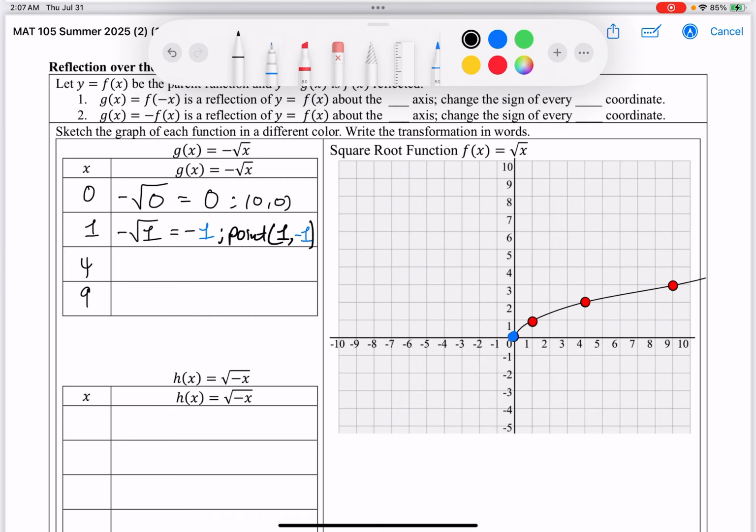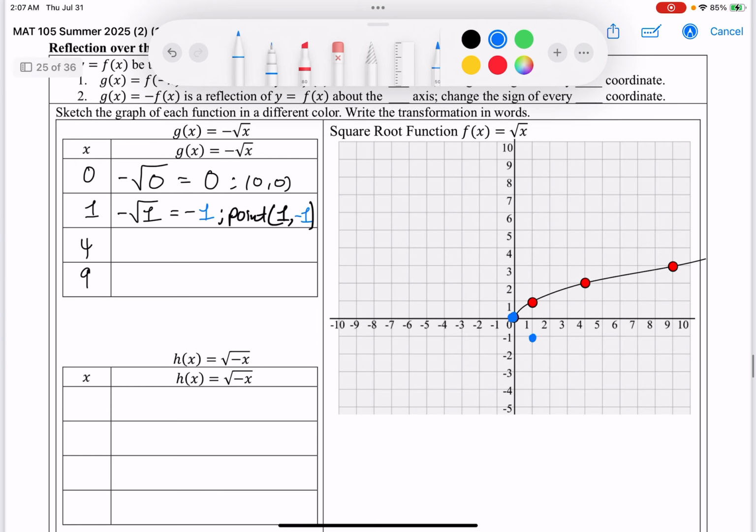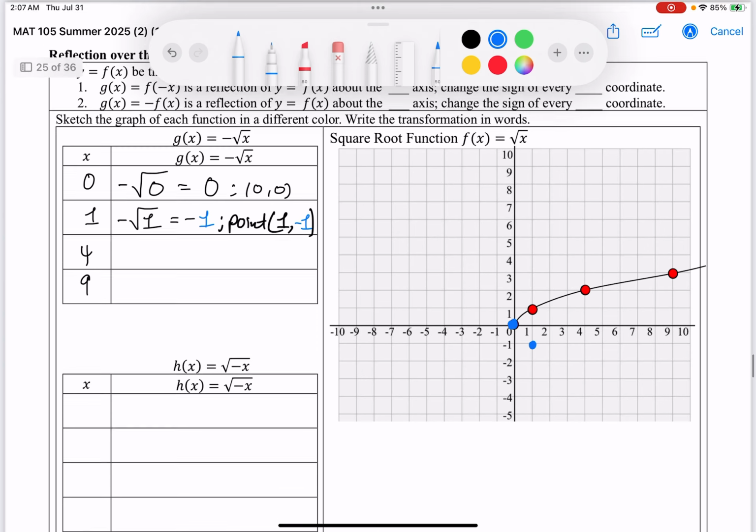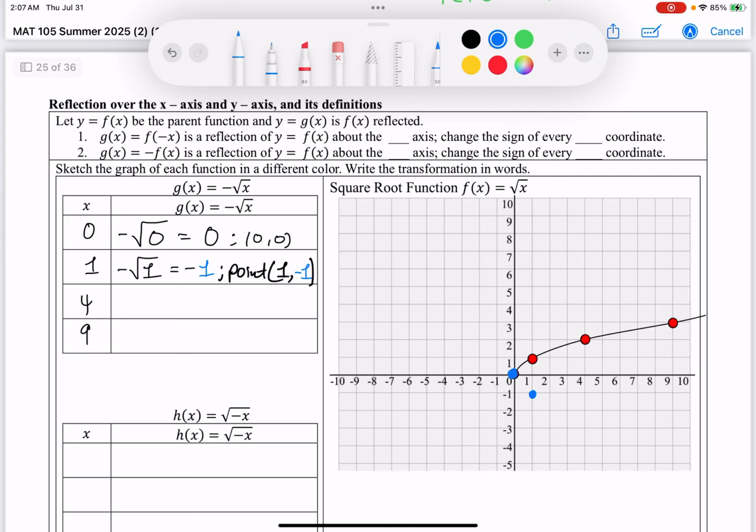That's the point 1, negative 1. And that's going to be down here. Now, if you notice, the points are in the same position for the x, but the y values are changing. The y values have different signs.